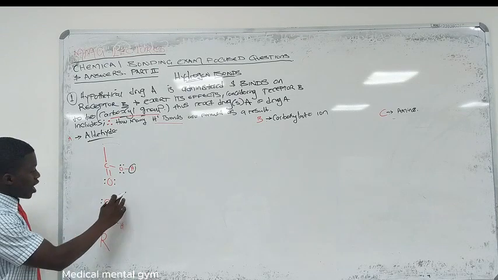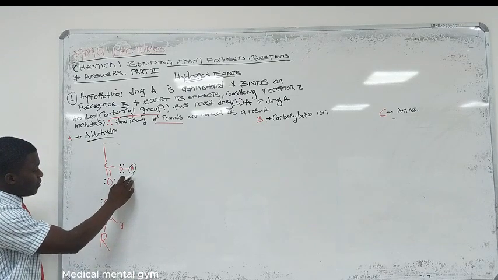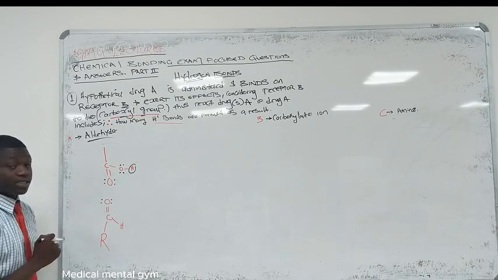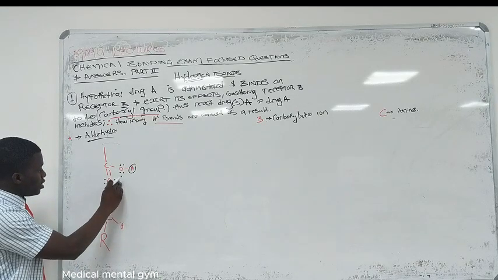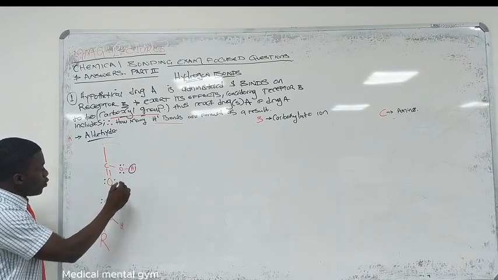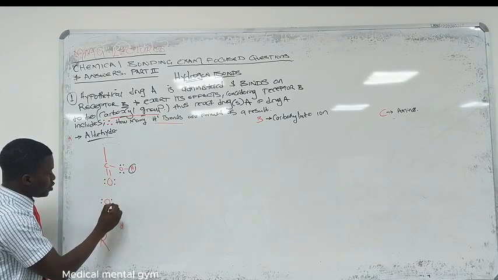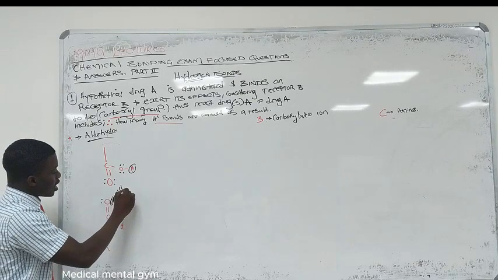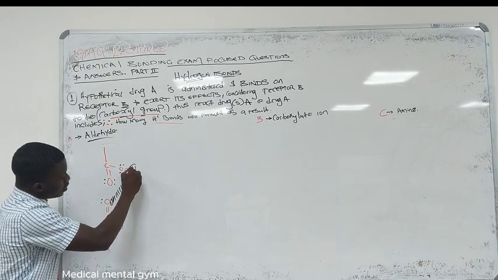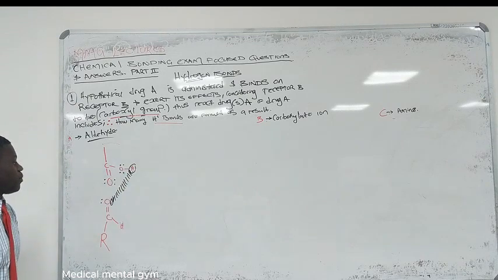A hydrogen can then form a bond with an electronegative atom through these lone pairs. So from this carboxyl group, we can form a hydrogen bond between these oxygen's lone pairs here and this carboxyl hydrogen, which is here. So that makes one hydrogen bond.